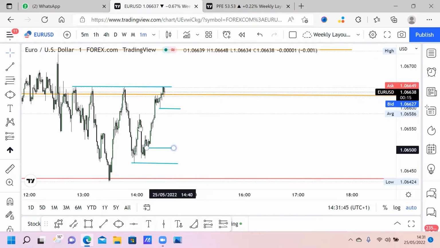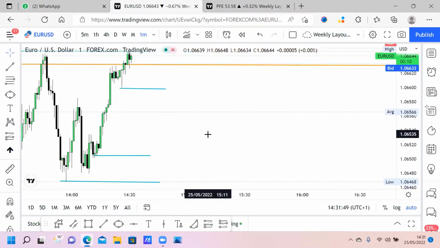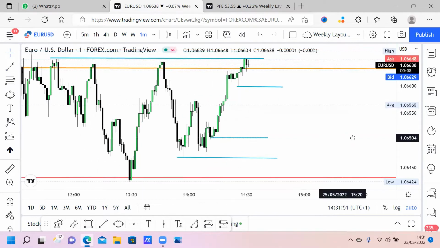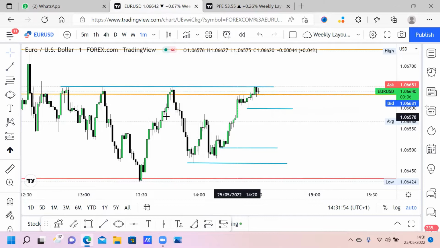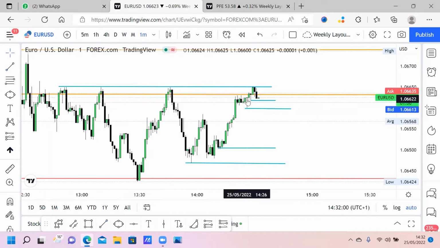No, price is not going above here. So what we're going to see very soon is price going below here. There's the wick. There's the reversal happening in front of your eyes. You must take out this zone.